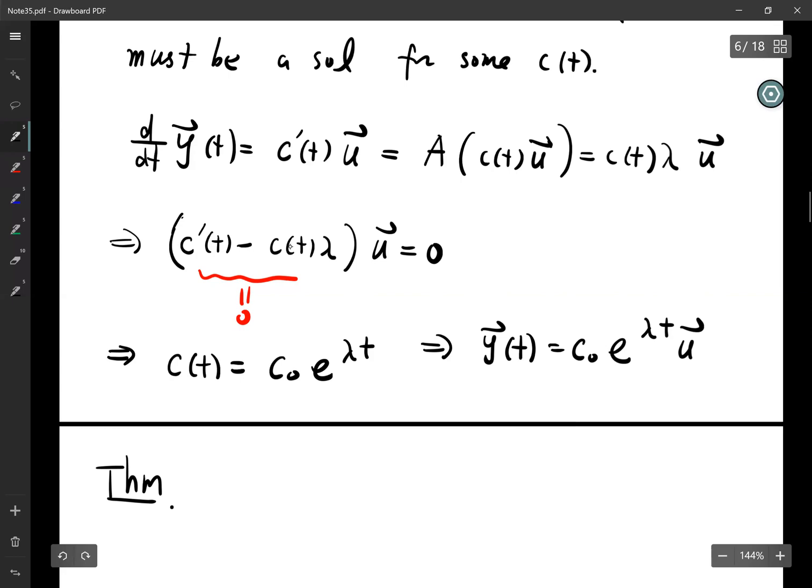And this is a first order differential equation with constant coefficients. Before we talked about the second order differential equation, we first talked about first order differential equation, and the solution must look like that. Any other question?